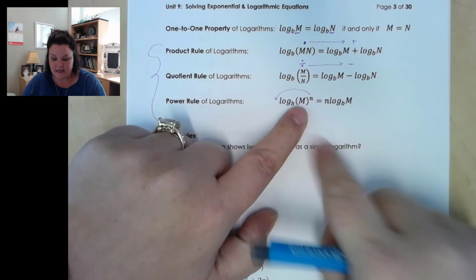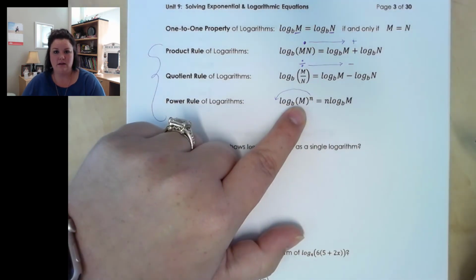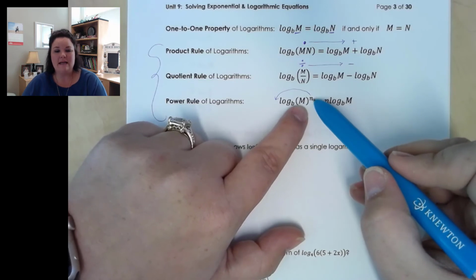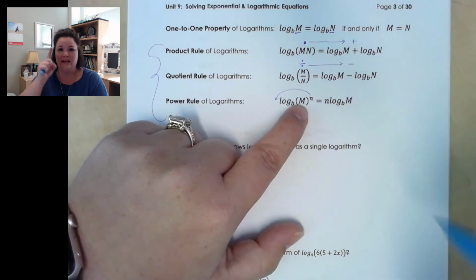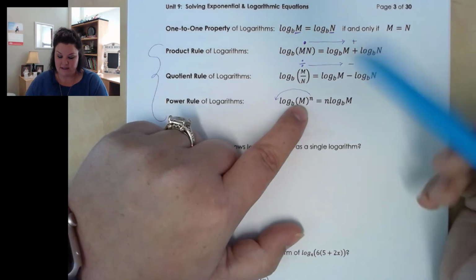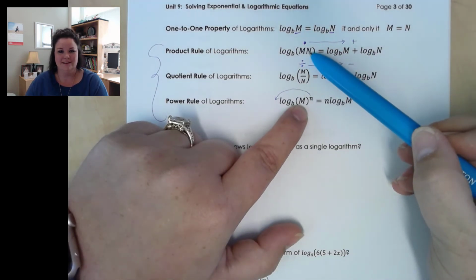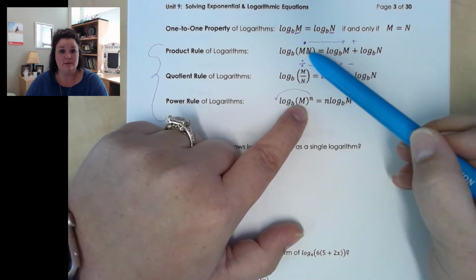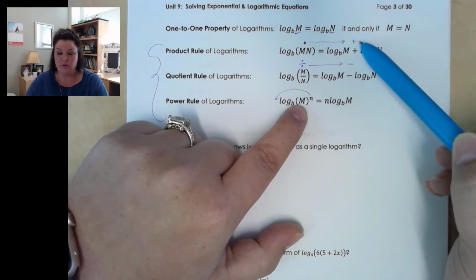Let's say this was m squared, okay? Let's just say this was log base b of m squared. M squared means I have m times m, right? So let's just pretend that this says m times m. If I say m times m, if I have two m's, m squared, right? That's a multiplication, which I could then break into an addition.